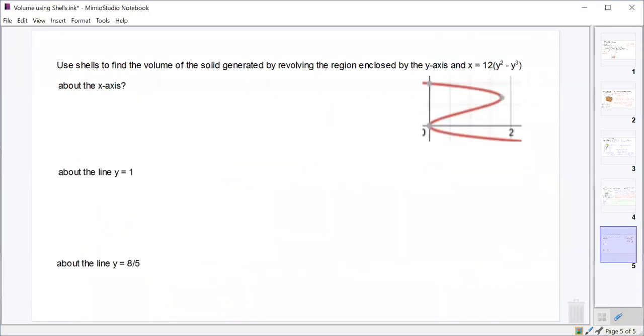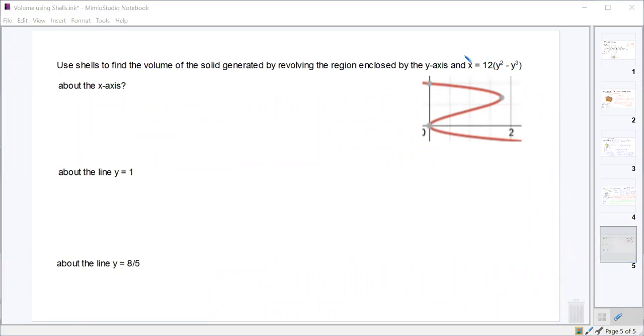All right. The last page of official notes of new material for this year. And we've got 34 minutes to get through. I think we can do it. So we want to use shells to find the volume of the solid generated by taking this region between the y-axis and 12 times y squared minus y cubed.